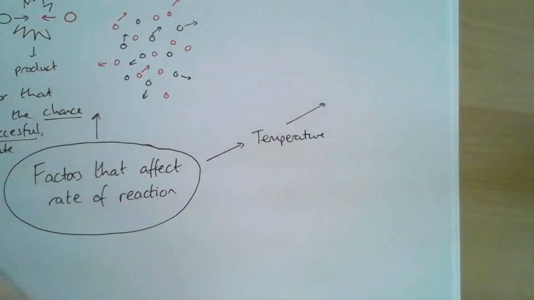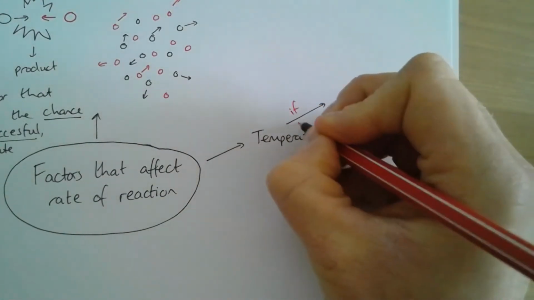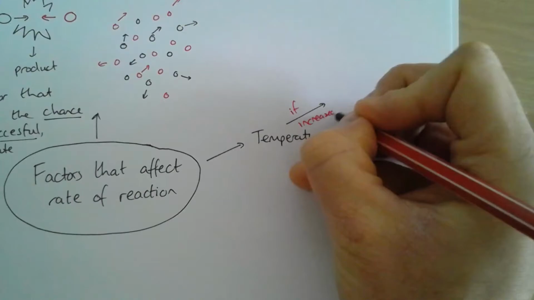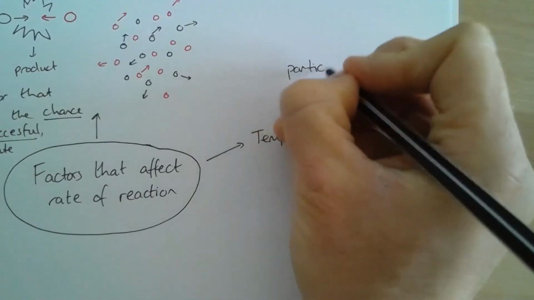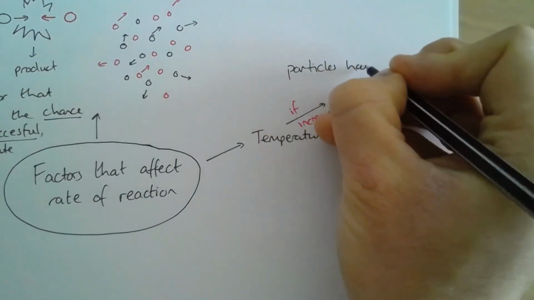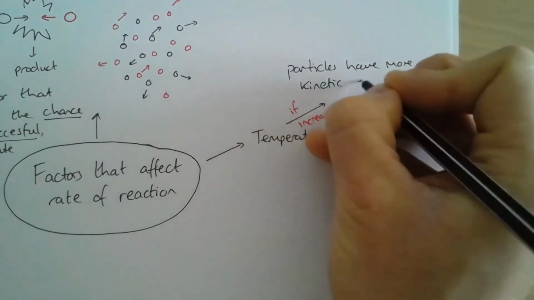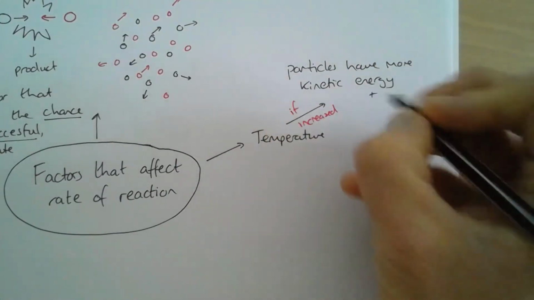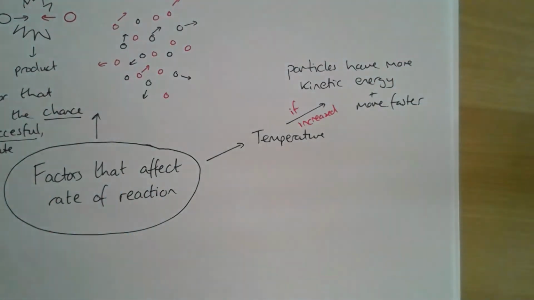Now, if the temperature is increased, what that will mean is the particles have more kinetic energy. And we can say from that they will move faster.